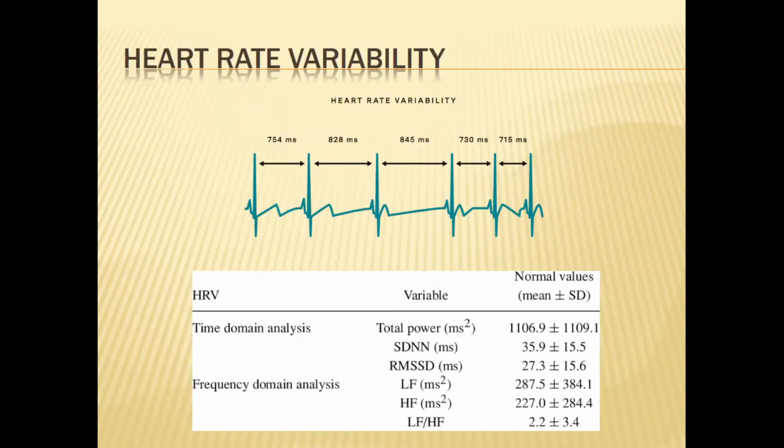Now I want to tell you a few words about heart rate variability. What does it mean? Heart rate variability means different intervals between normal QRS complexes. When we are speaking about sinus rhythm, we always think that it is regular.